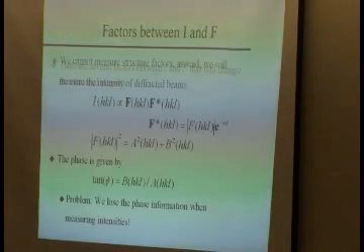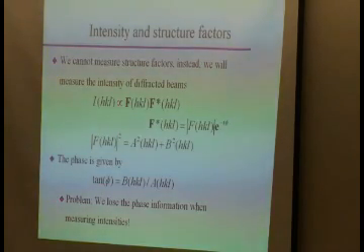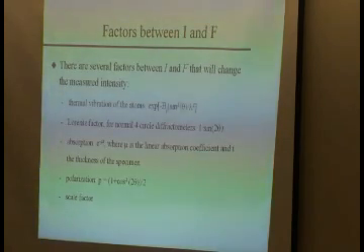Now, why did I not say equal here? Well, there are a few factors that stand between I and F times F star. All of them change what we measure. One of them is thermal vibration of our atoms. They don't sit still in one spot, and they aren't point atoms.